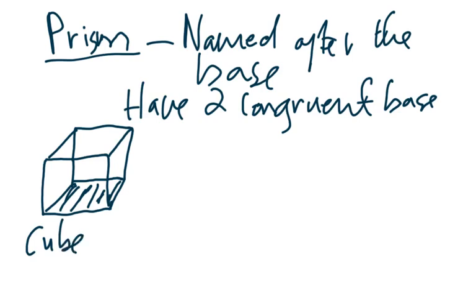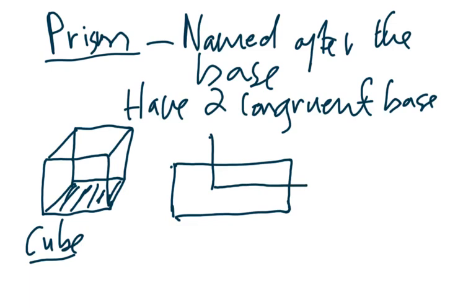Now, we're talking about the properties of prisms. It's made up of two congruent bases, and in most cases with prisms, other than the special prism, which is the cube, most prisms are rectangular, the base is rectangular.